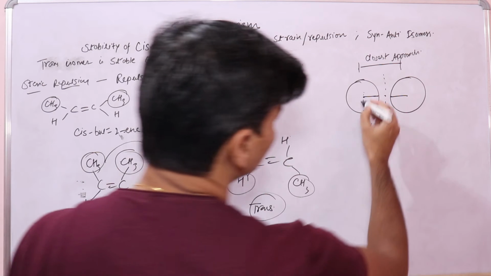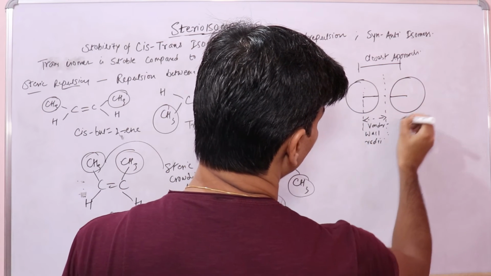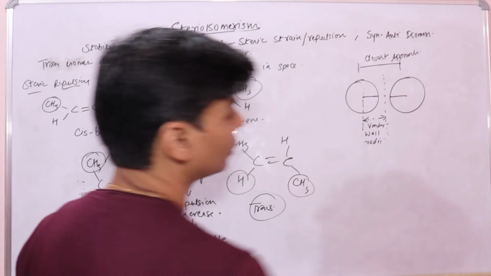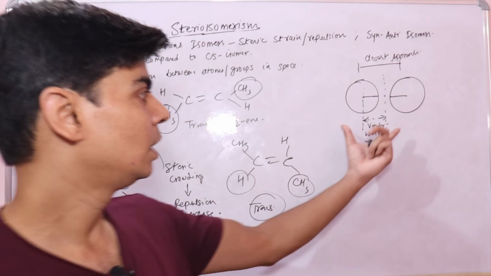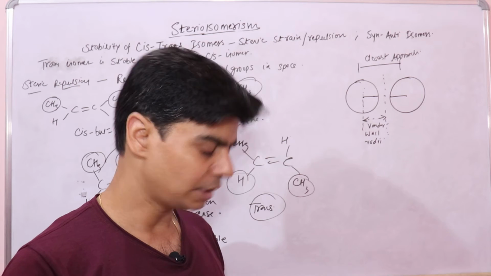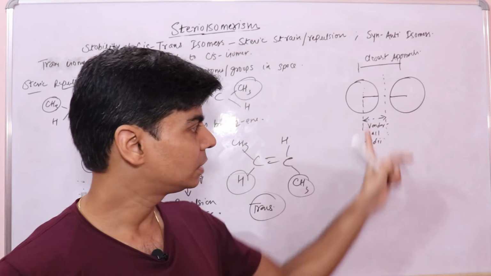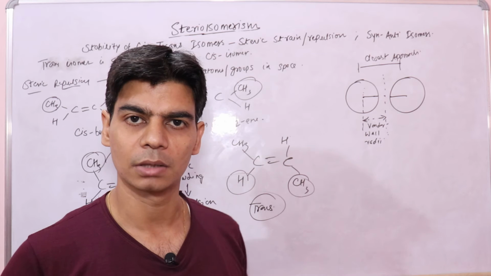If you draw a circle here, this is your van der Waals radii, and this is your distance of closest approach. So if two atoms try to come closer to one another than this distance, they will repel one another.